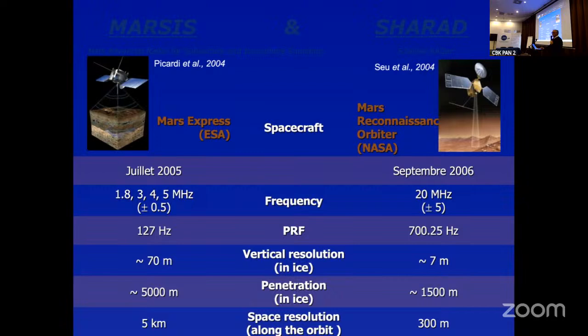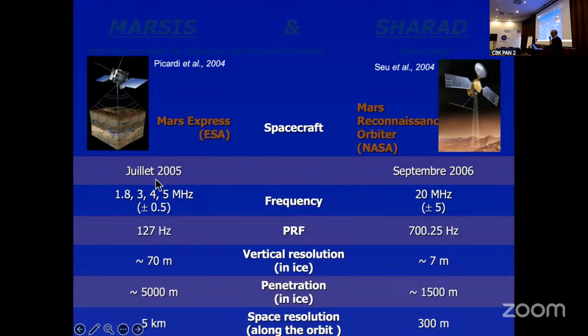They asked us to make studies and studies and studies to show that the antenna can open and it will not kill the mission. It's understated, but it should have been done before. But anyway, it was opened in 2005. The radar is still operating. And there is the Sharat radar on the MRO mission, which was opened in September 2006. It's still working very well.